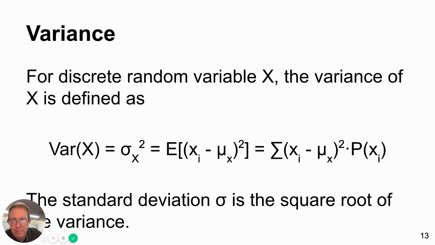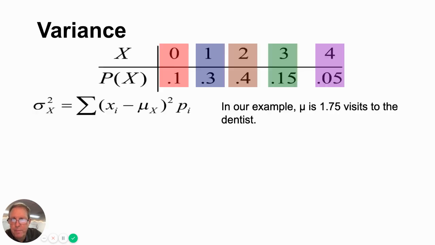And just the last sentence reminds you, standard deviation is the square root of the variance. So if I wanted to find the standard deviation, I just take the square root of the variance.